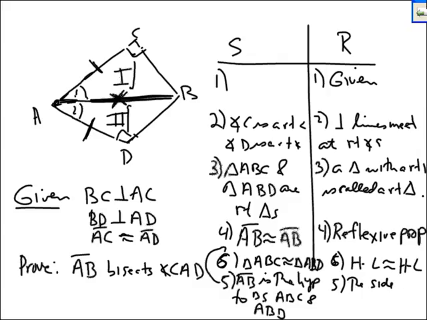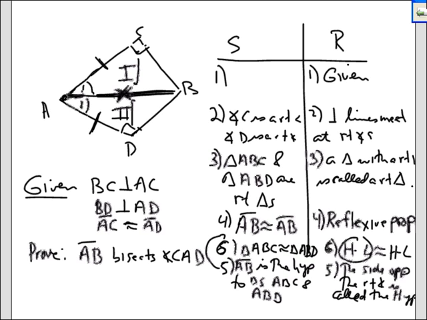The side opposite the right angle is called the hypotenuse. Alright, so before I can say H and L, I had to state that side AB was in fact H.